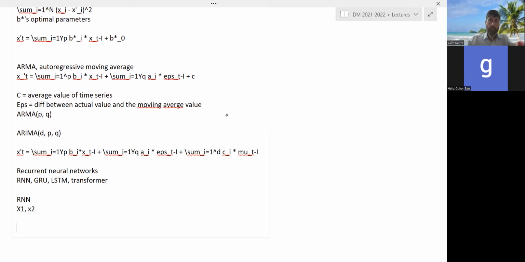One other advantage of using neural networks is that you can handle univariate and multivariate time series in a seamless manner, in a similar manner.